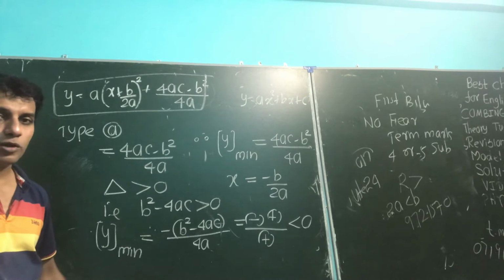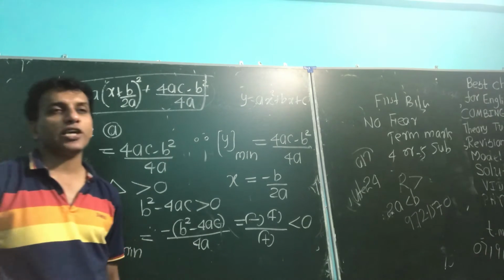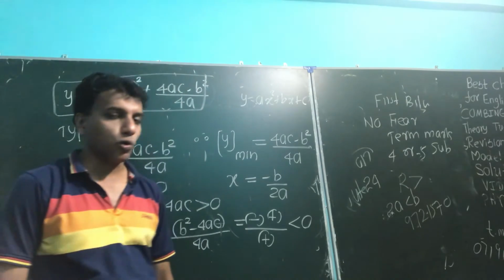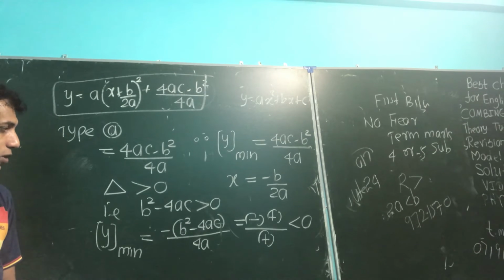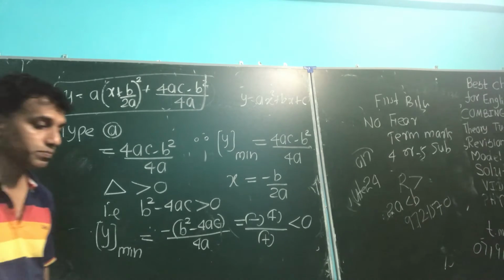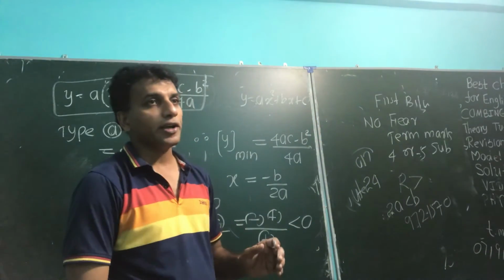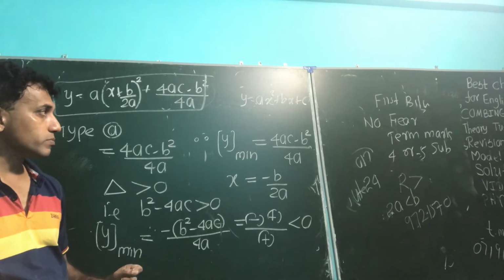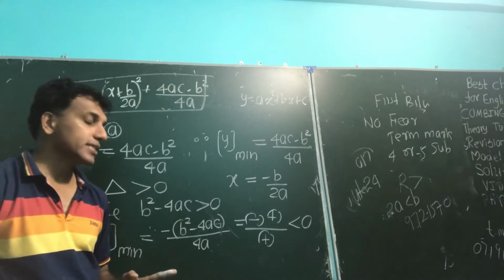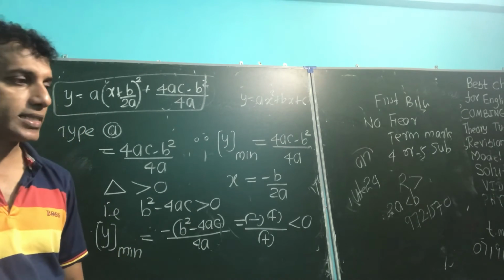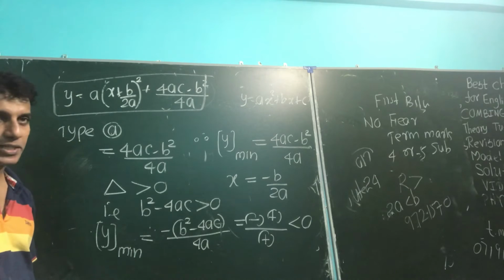Then right below, therefore, when a greater than 0 and delta greater than 0, the given quadratic function intersects the x-axis in 2 points.